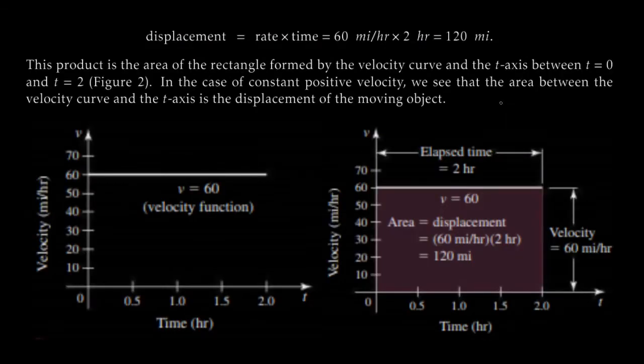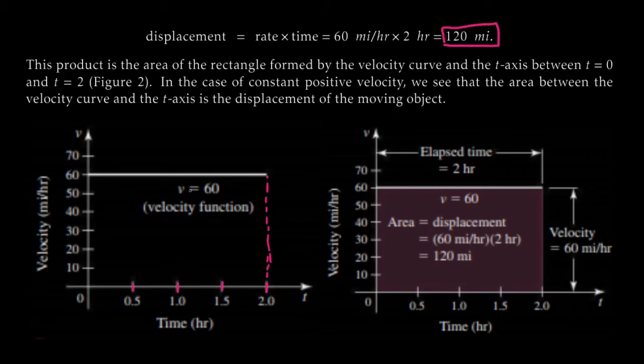Now, let's notice something. All right, jump into a different screen here. The thing we're going to want to notice is that when we look at this graph of the velocity function here, notice something cool. We went 120 miles in total.